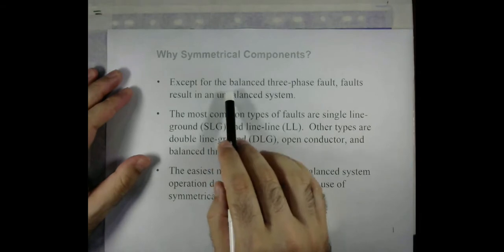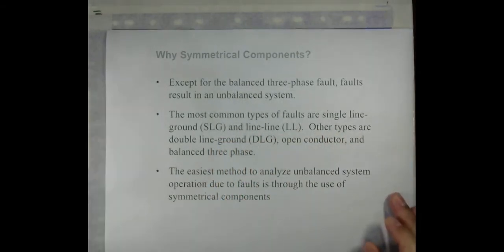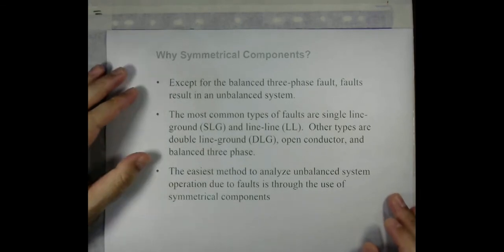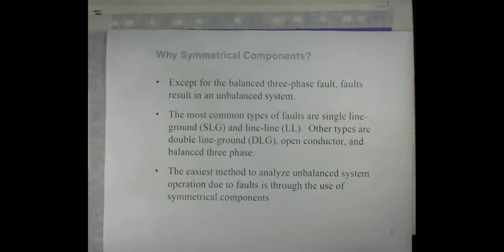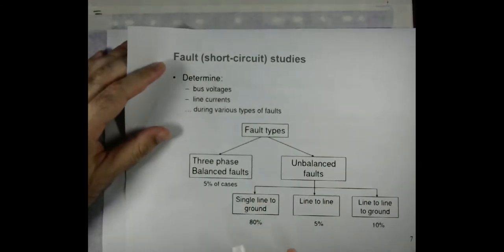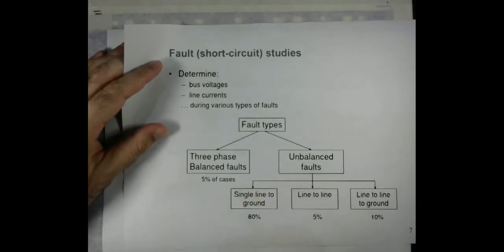Except for the balanced three-phase fault, faults result in an unbalanced system, and that's what we discussed in the last lecture. For the three-phase balanced fault, because all the three phases are equally affected, we carry the analysis using a single phase.